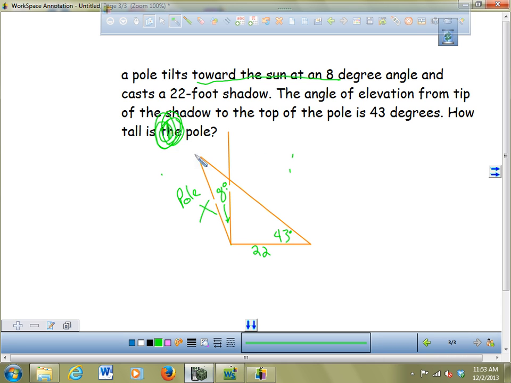The shadow comes from the sun, which is up here, right? Why is the pole tilting? Okay, let's just do the problem. So would the angle be like 98 degrees then? Plus 90? Yes. Why is the pole tilting?